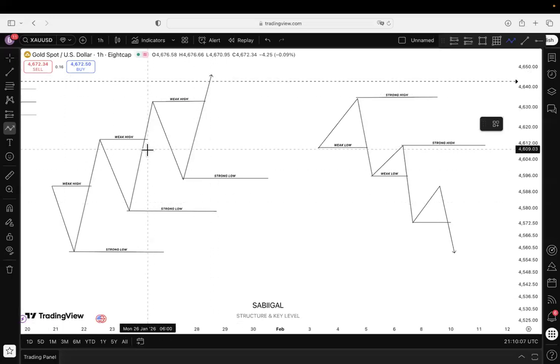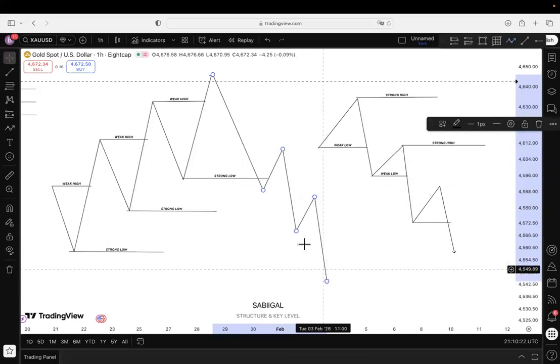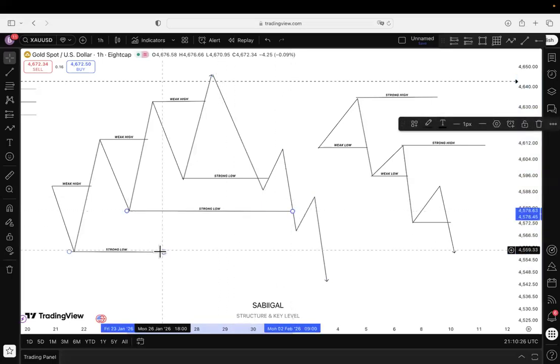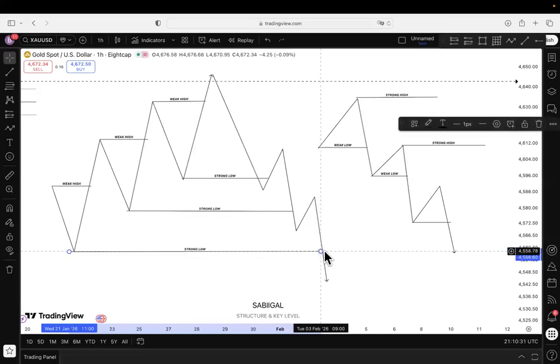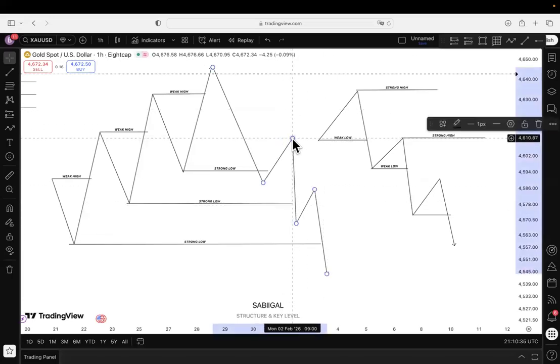It means that in the basic, after one strong low gets taken out, price has to continue in this direction.